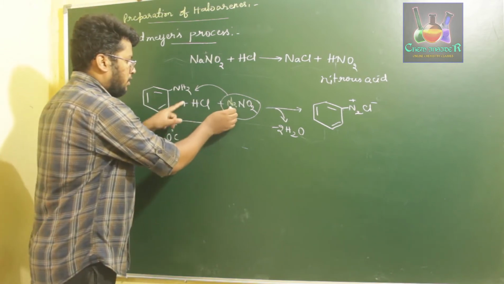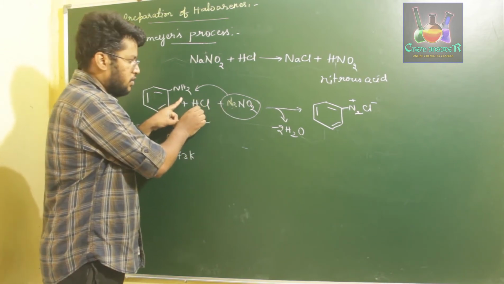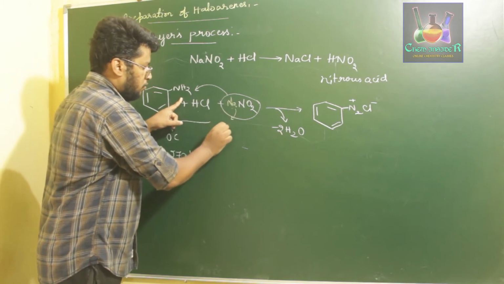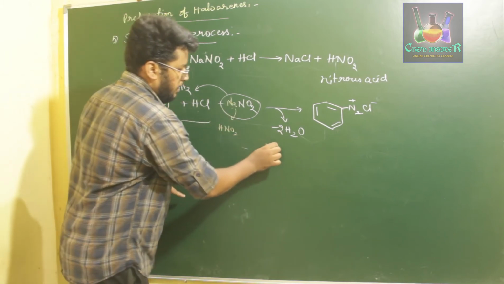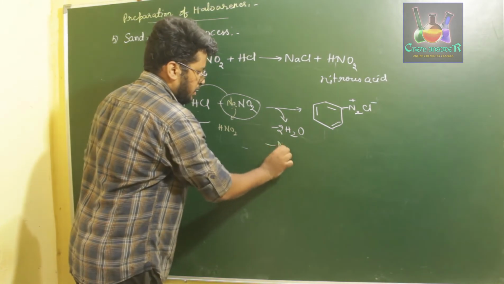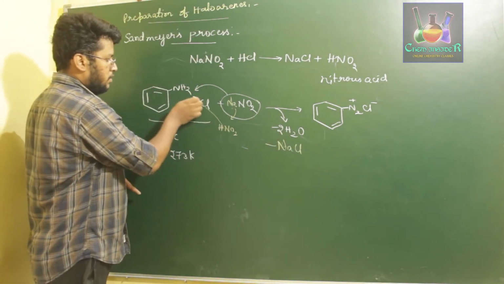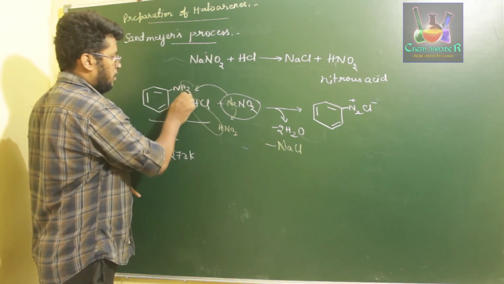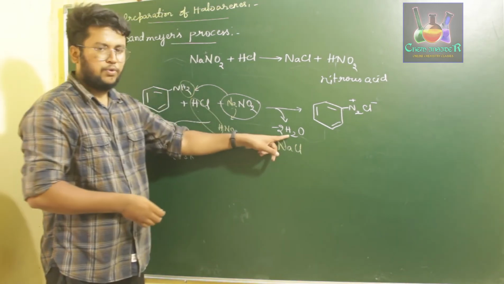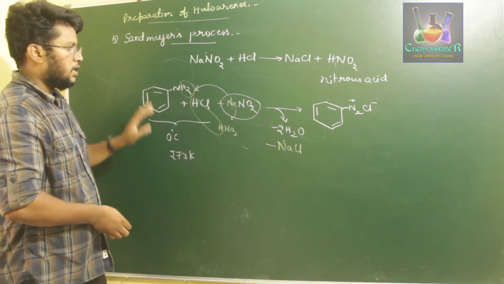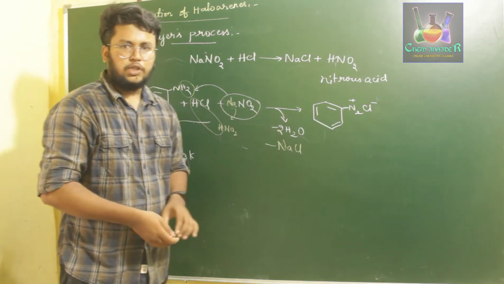This sodium nitrite reacts with the HCl at 0 degrees Celsius and gets converted to HNO2, liberating a molecule of NaCl. Now the two hydrogens react with one oxygen, and these two hydrogens react with one oxygen to form 2 molecules of water, and the rest combine to form diazonium chloride.